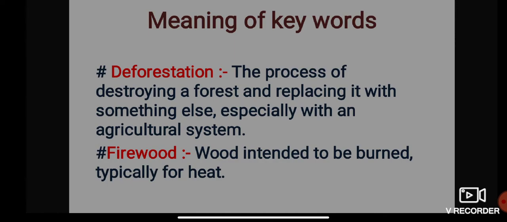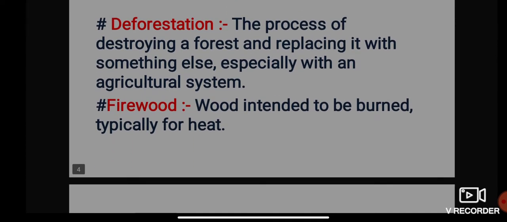Common thing is zoom cultivation. And firewood is wood intended to be burned, typically for heat or for cooking purpose. So that is the meaning of deforestation and firewood.